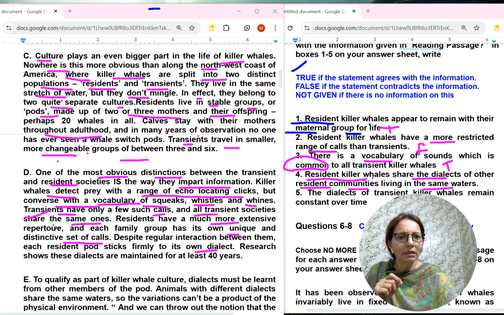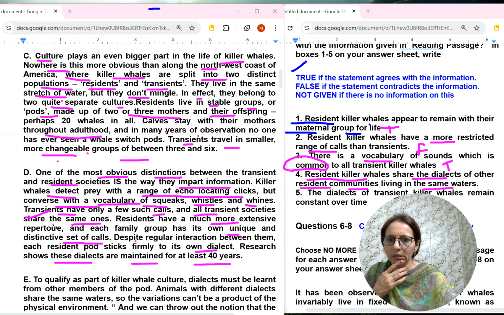Research shows that these dialects are maintained for at least 40 years.